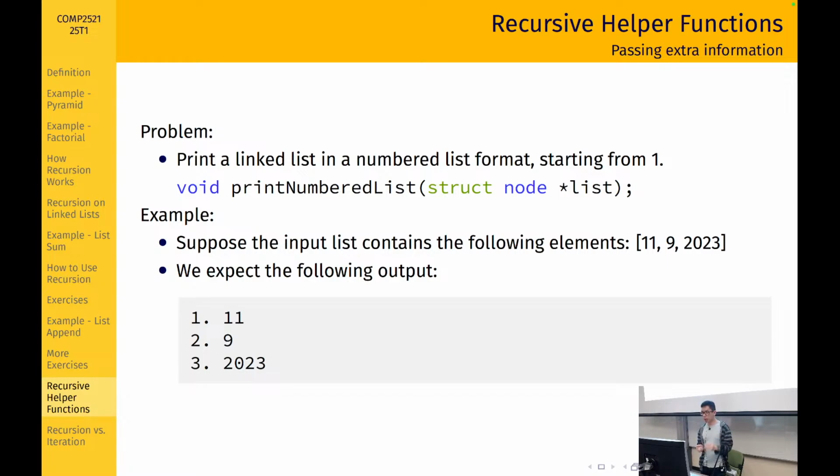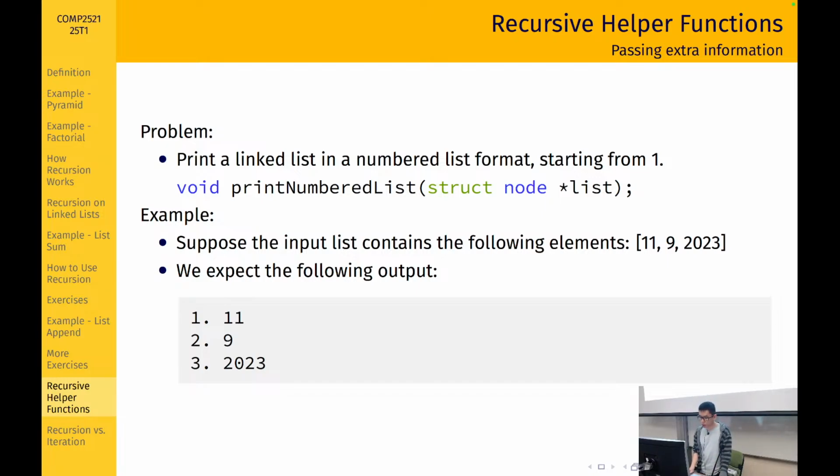We would have to print out a 1 before the first number, but when we recurse, how do we make sure that the recursive call prints out a 2? Well, since the function only takes in a list, a node, it can't keep track of that information.